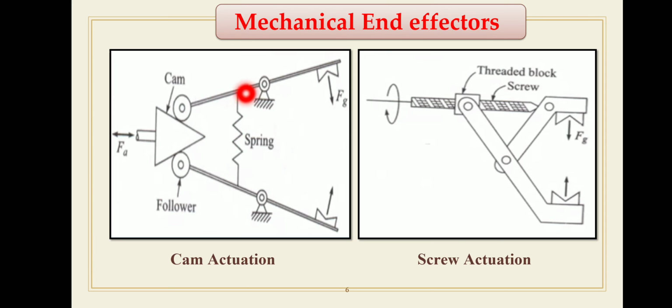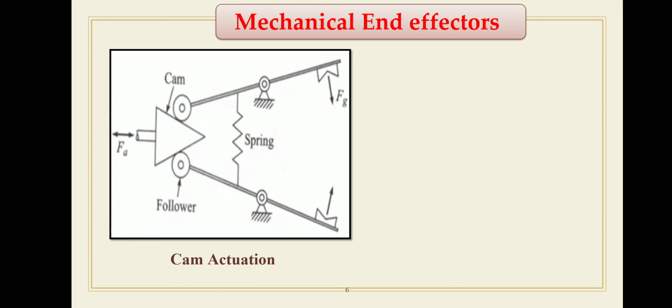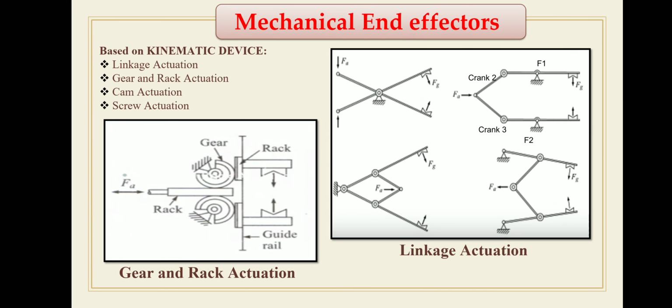The advantage is that the spring action accommodates different size objects, so you can directly grasp different sized objects according to your decided task. And the first type is the rack and pinion arrangement of the mechanical type end effector.